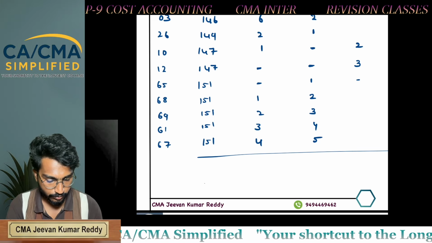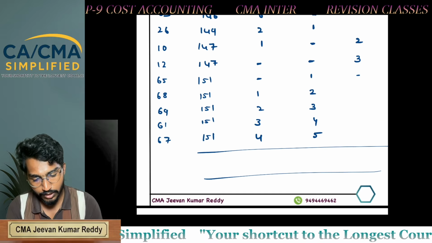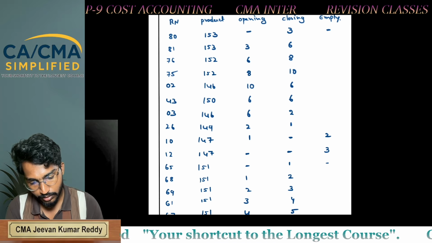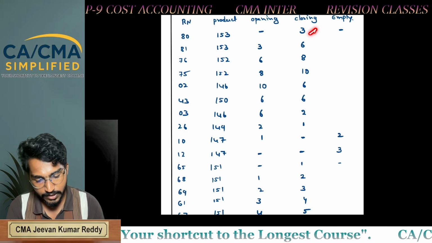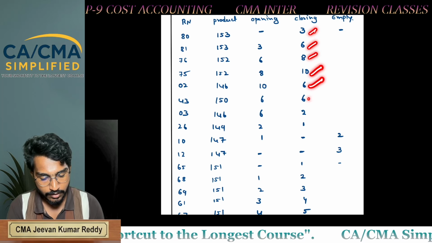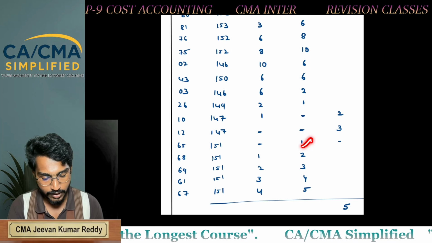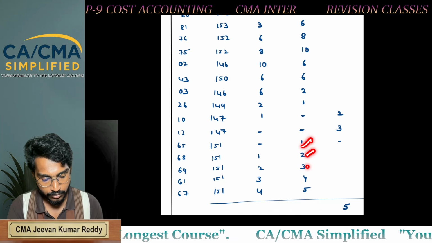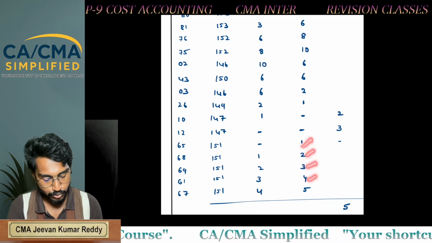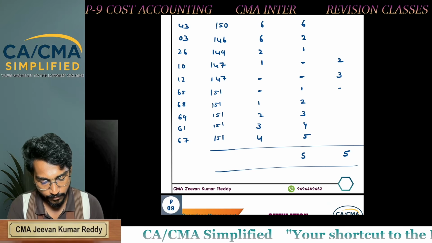So now, what is the empty space in total? That is 5. Here, closing stock: 3 plus 6, 9, 9 plus 8, 17, 27, 33, 39, 41, 42, 43, 44, 45, 48, 48 plus 4, sorry, 52, 52 plus 5, 57.